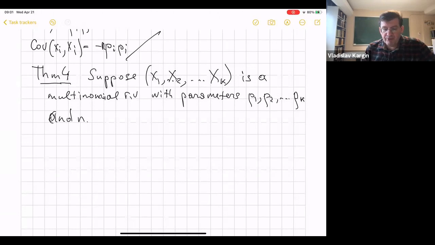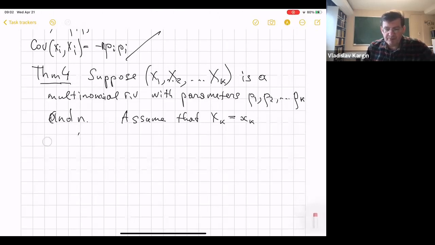Right, and so now we assume that we observed one of these outcomes. So here, let us say k. So assume that xk is equal to small xk. Right?